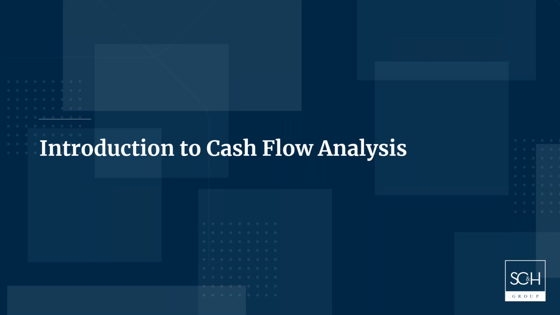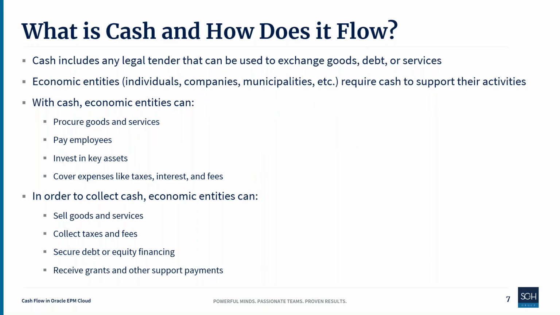Okay, with that, let's talk about cash flow. So what is cash and how does it flow? I believe everyone should be pretty familiar with cash. It's any legal tender that can be used to exchange goods, debt, or services. Economic entities, so individuals, companies, municipalities, businesses, require cash to support their activities, obviously.